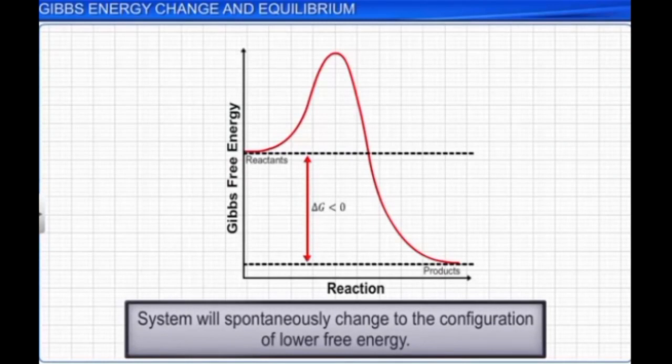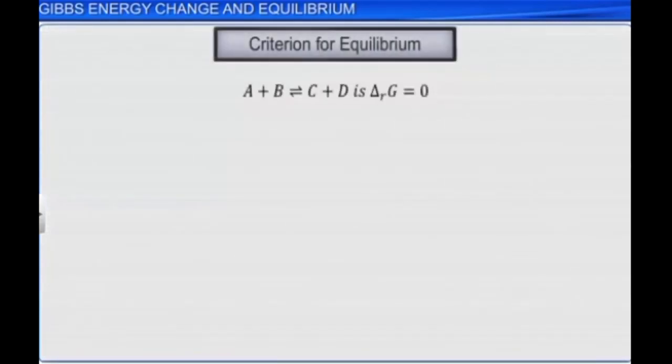Thus, the criterion for equilibrium, that is, when A plus B in equilibrium with C plus D, implies that delta Rg is equal to 0.